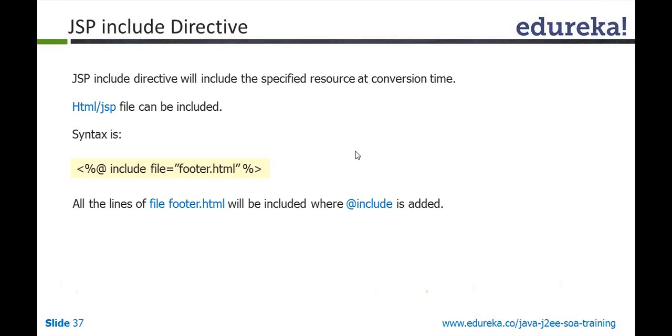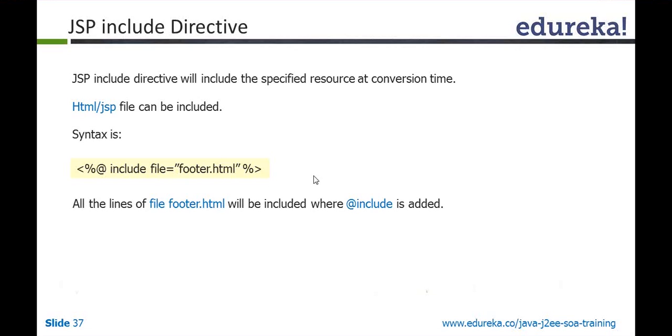So basically, why do you need inclusion? Because of code reusability. You need to look at this at the time of design: what are the common features I require, or what common code or module I require in my project that can be made part of a common module, and that can be included using @include.